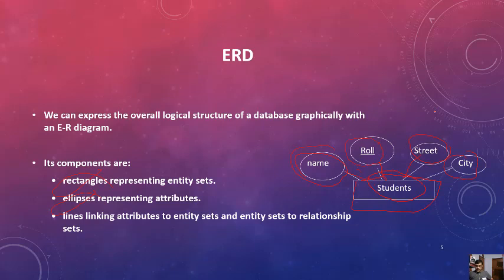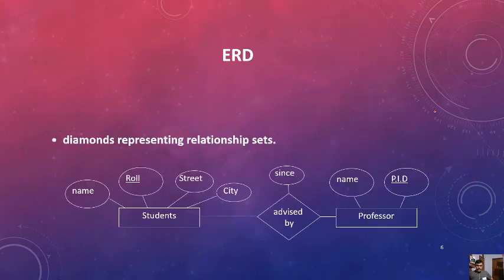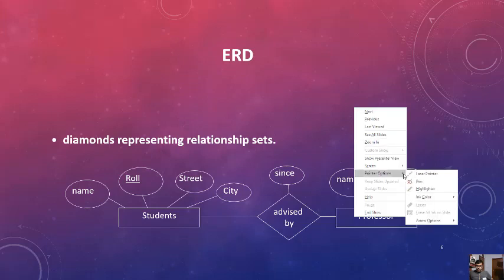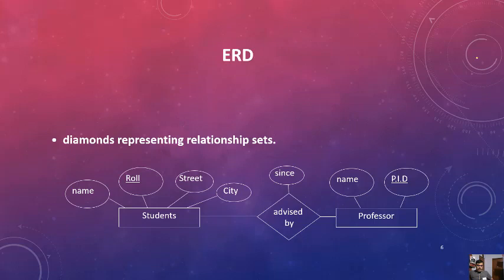Next, diamonds represent relationship sets. So here this is the relationship diamond, advised by. Student is an entity and professor is an entity. So what is the relation between student and professor?